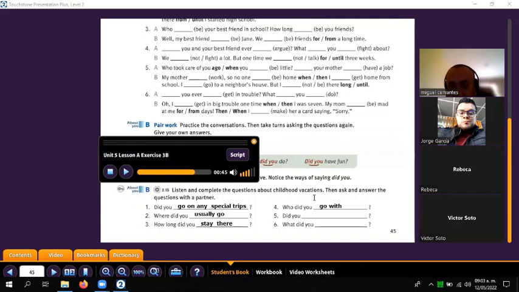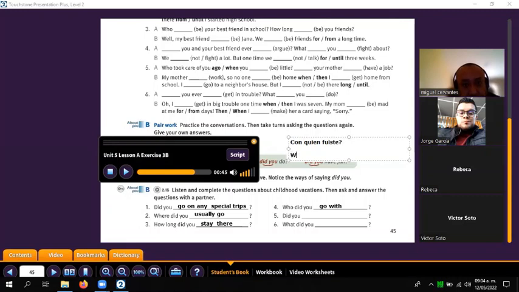All right. So remember, in WH questions, if in Spanish you have something like this, ¿con quién fuiste? So you have a preposition at the beginning of the question, ¿con quién? In English, that preposition needs to go at the end of the question.